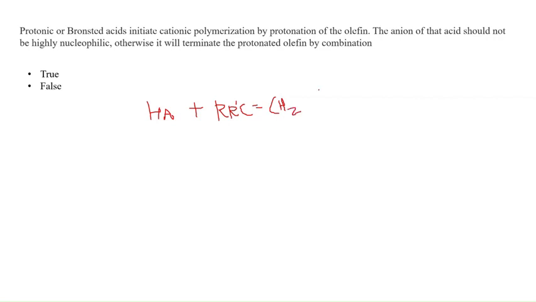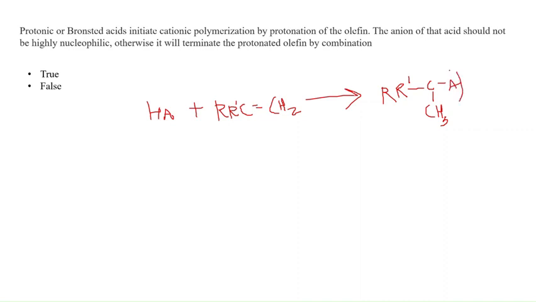So this is a molecule, and when it reacts with the protonic or Bronsted acid, your C double bond CH2 will get to a position like this, CH3 with A and B at the end of it.